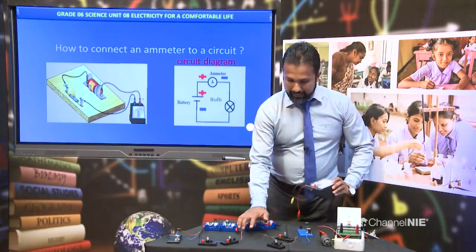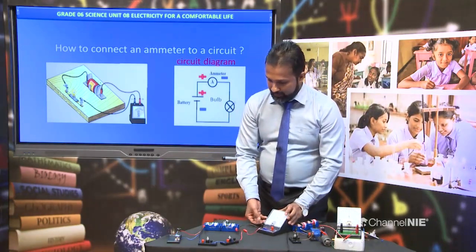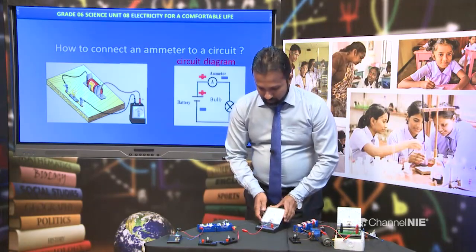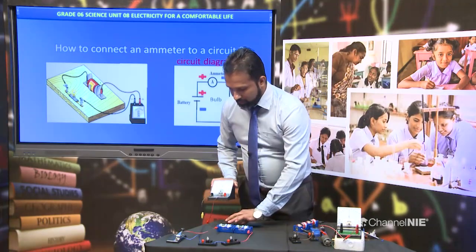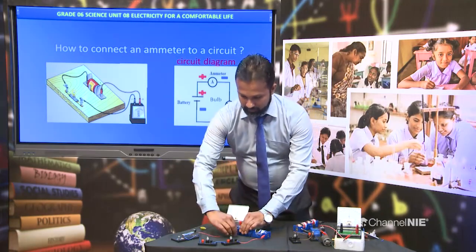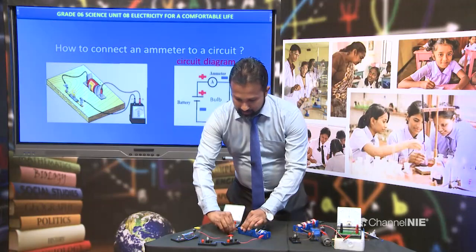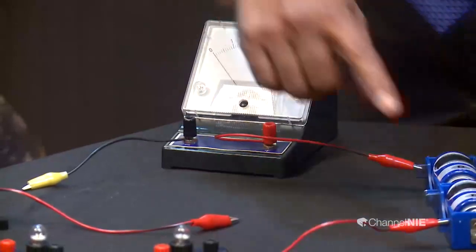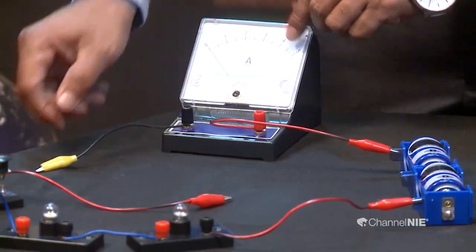We have to connect the red colored positive terminal to the positive side of the battery or dry cell. Here, red colored one to the red positive side, and then the black colored terminal of the ammeter to the negative side.